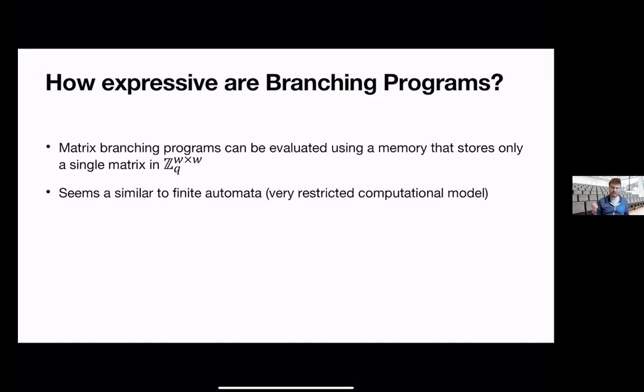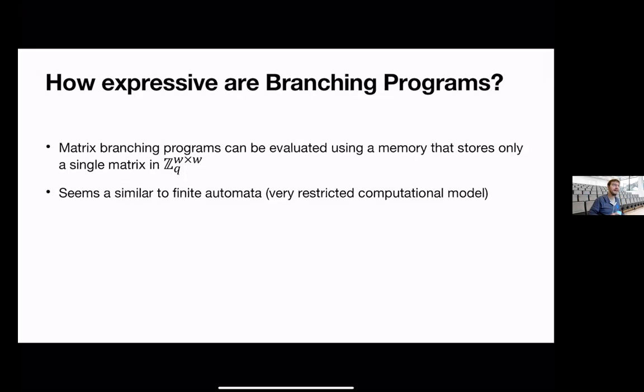So my question here is, are branching programs just finite automata in disguise? That would be bad, right?